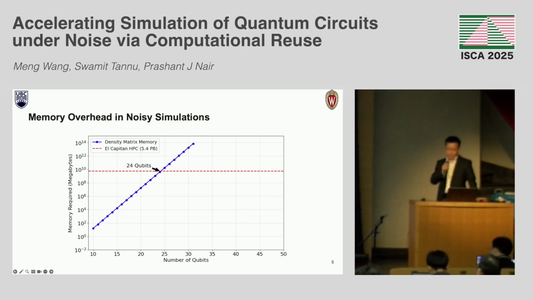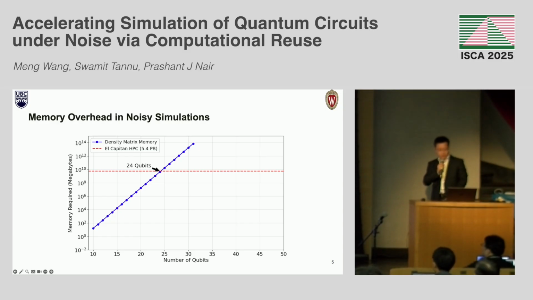Let's first look at the memory overhead in noise simulations. The standard approach to simulating noise is the so-called density matrix simulator. The problem with this method is that its memory usage scales as 4 to the power of n, with n being the number of qubits. So even on the world's largest HPC currently available, we can only simulate maybe around 24 qubits.